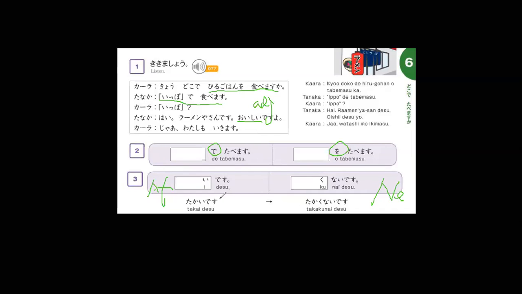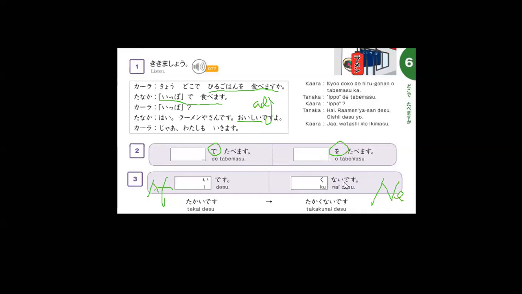So we change い into く and add ない after it. 高いです changes into 高くないです。So 美味しいです changes into 美味しくないです。Okay.